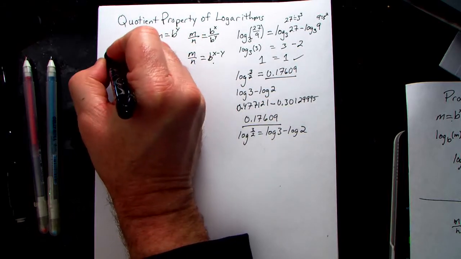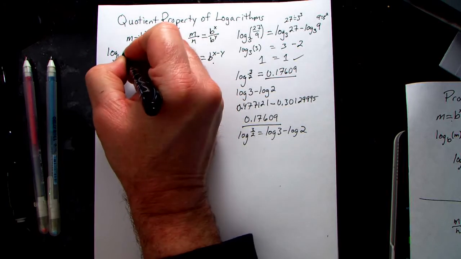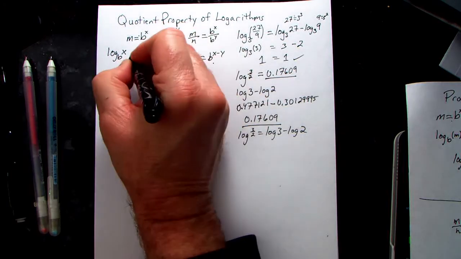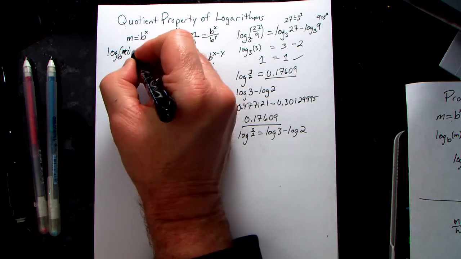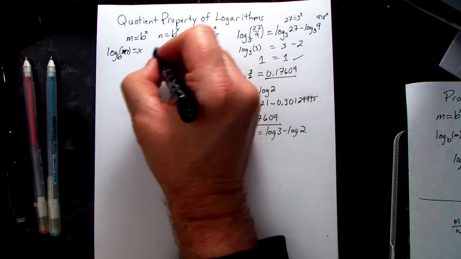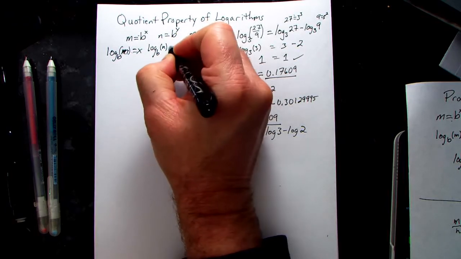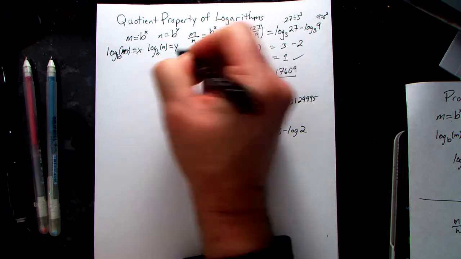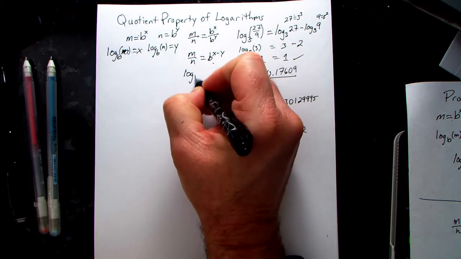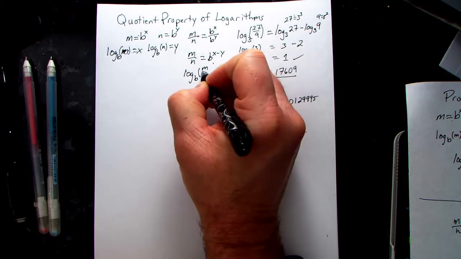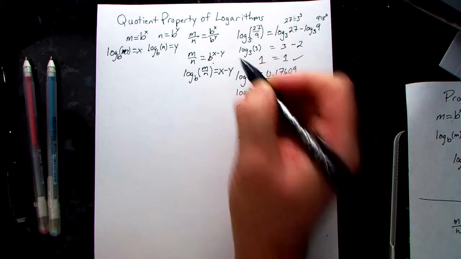So converting this one, we get log base b of m, that's my argument, equals x. This one, log base b of n equals y. This one, log base b of m divided by n equals x minus y.